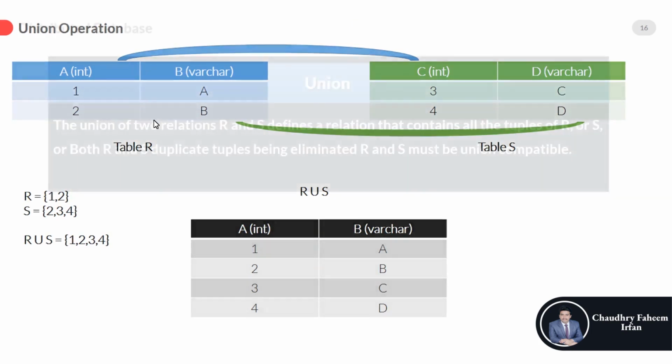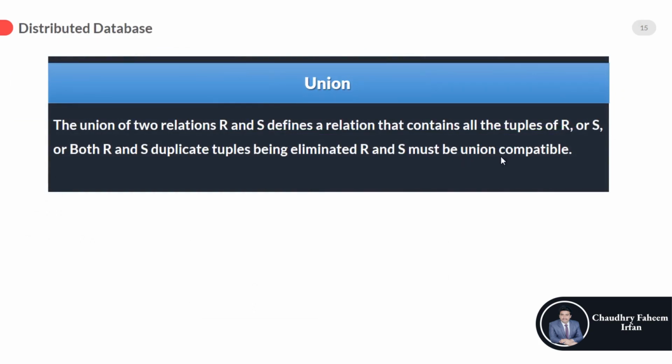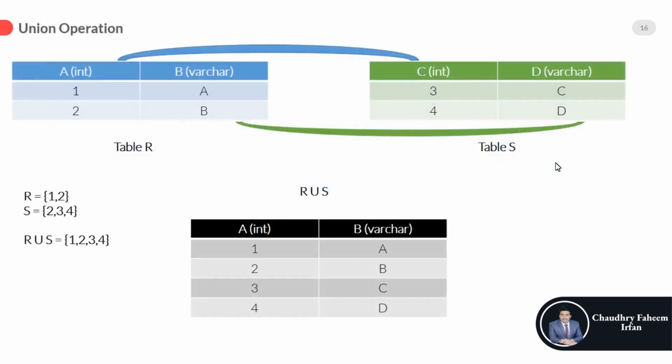What is meant by union compatible? Union compatible means if C is integer type with size 11, then A must be integer type with size 11.